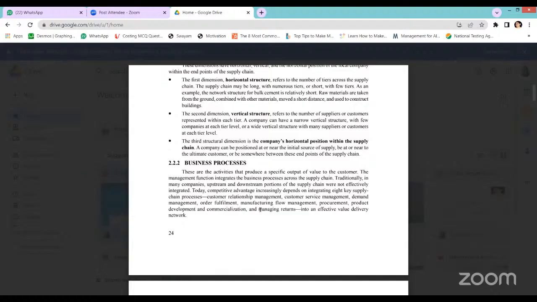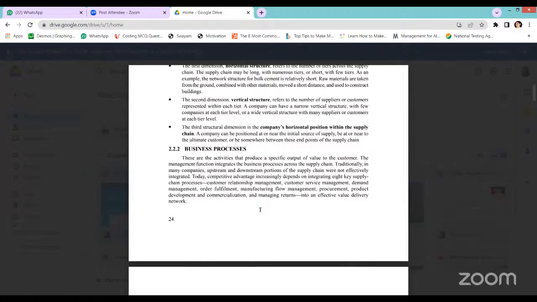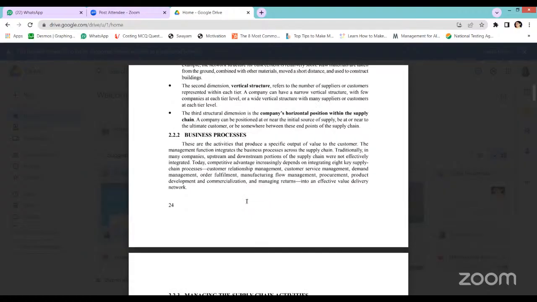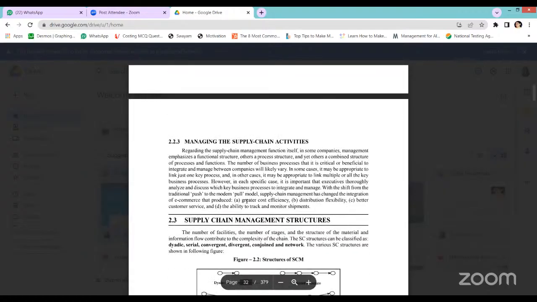The second thing is business process: bringing together the various activities involved in the production of a specific output that gives value to the customer's needs, integrating all those activities. Finally, how you manage this is important.